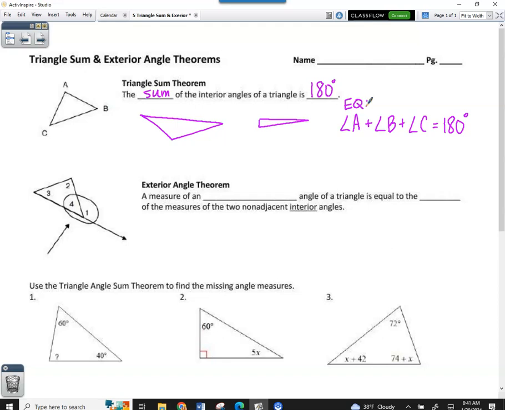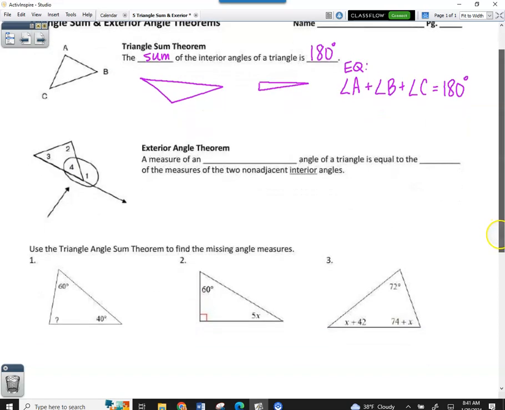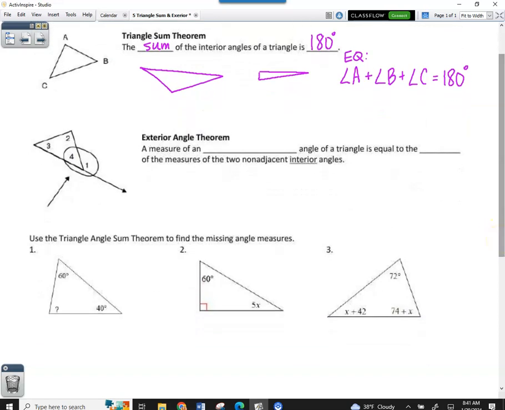You're looking for the measure of the missing angle in number 1. What'd you get? 80 degrees.